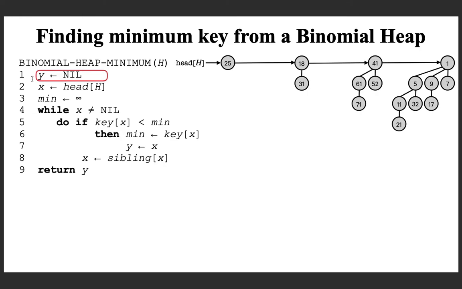What I do first is a variable y is declared as nil or null. After that we come to this statement, and what is it doing? Another variable x is positioned at the first root node.